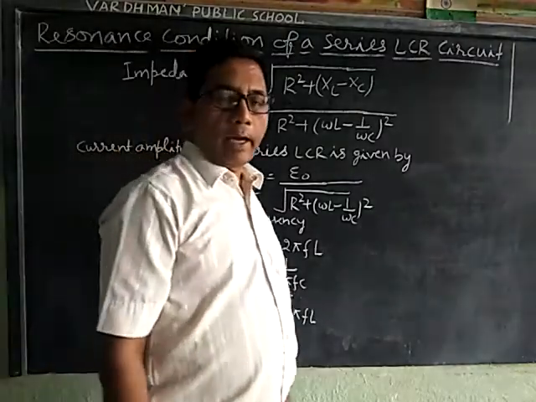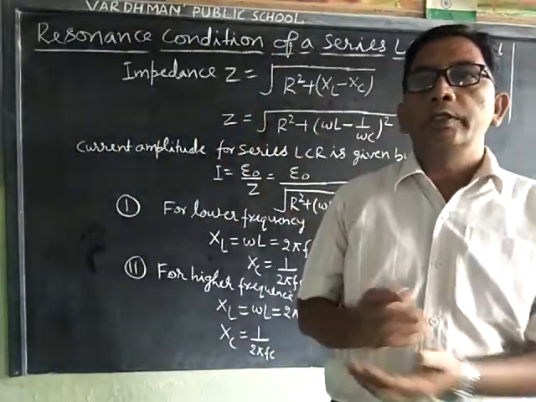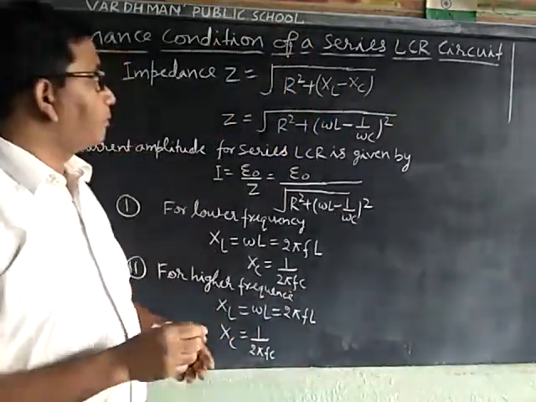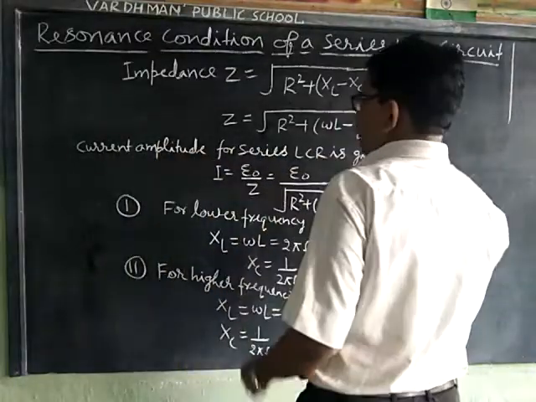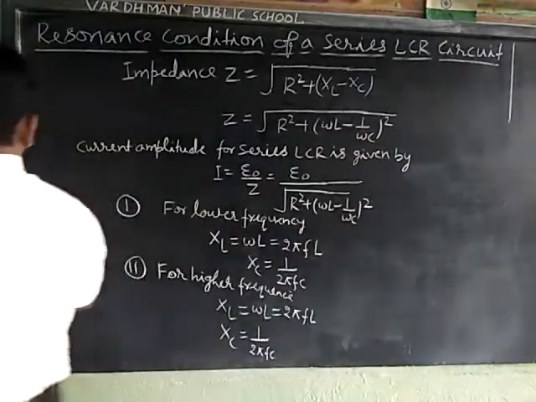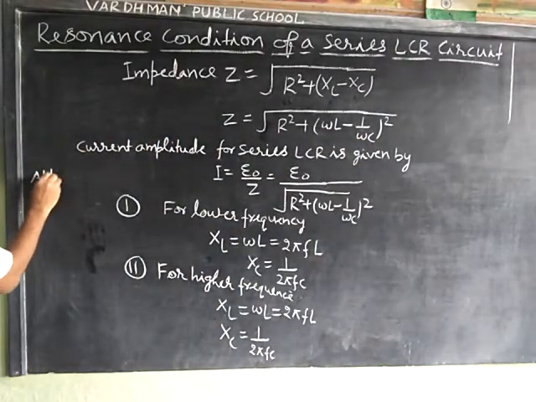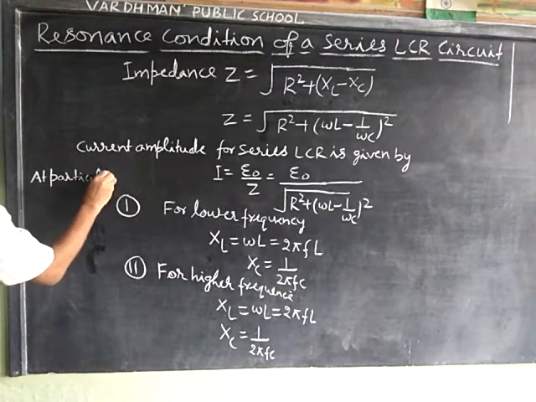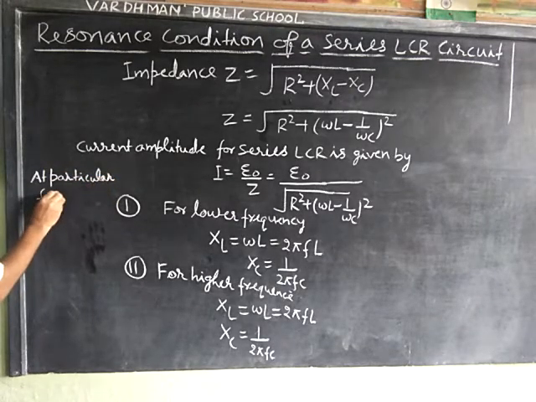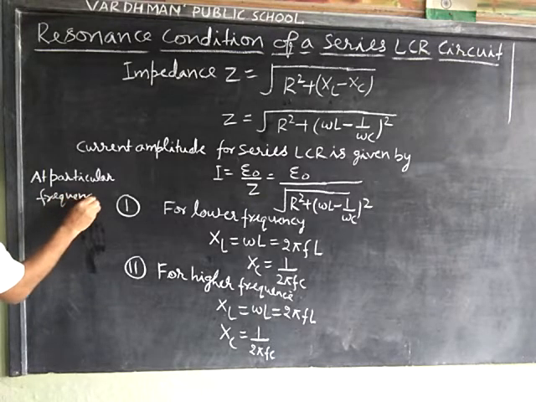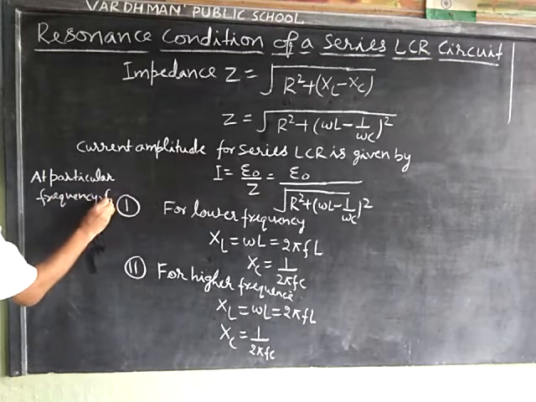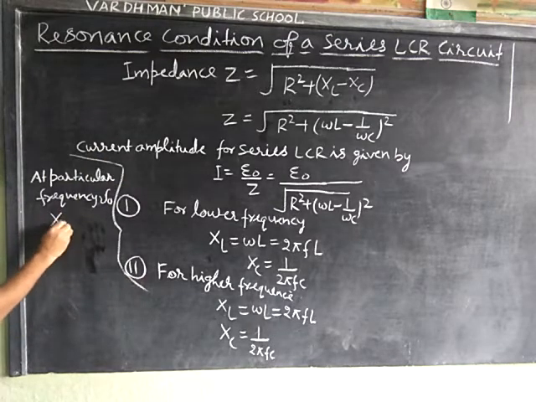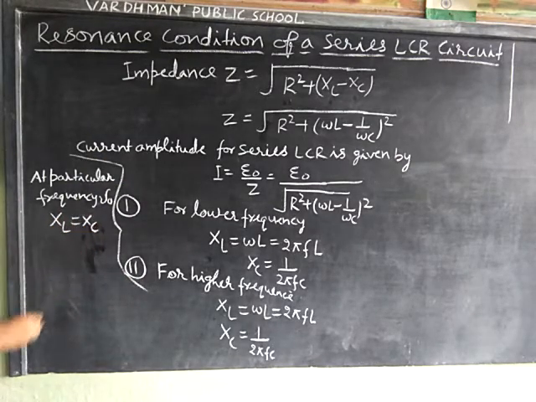At a particular frequency nu zero, XL is equal to XC.